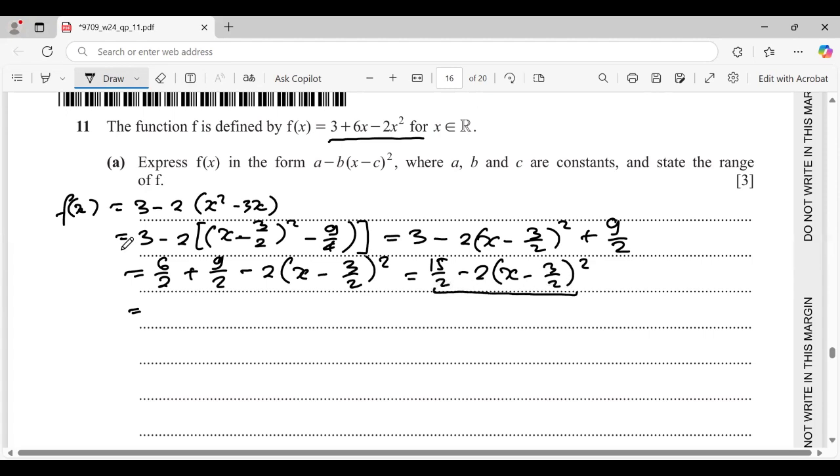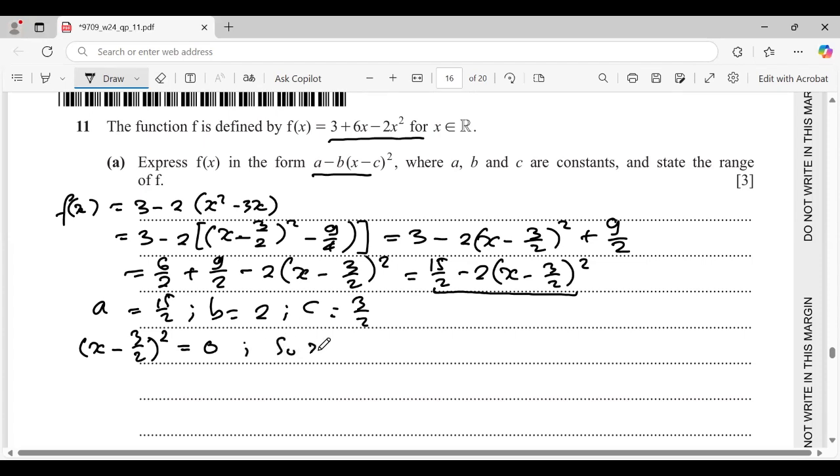So based on this statement, f(x) equals a minus b(x minus c) squared, a equals 15 half, b equals 2, and c equals 3 half. For the range, the value of f(x) will be maximized when x minus 3 half squared equals 0.